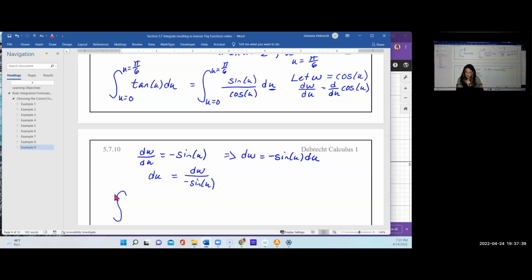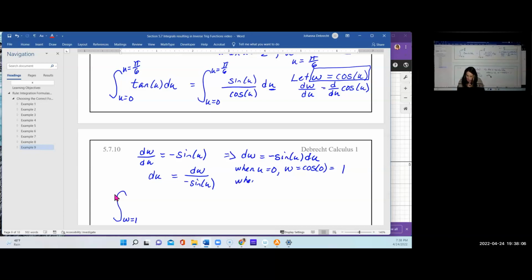When u is equal to 0, omega is equal to the cosine of 0, using the relating equation that you see up here in the box. The cosine of 0 is 1. That changes this limit of integration to omega equal 1.